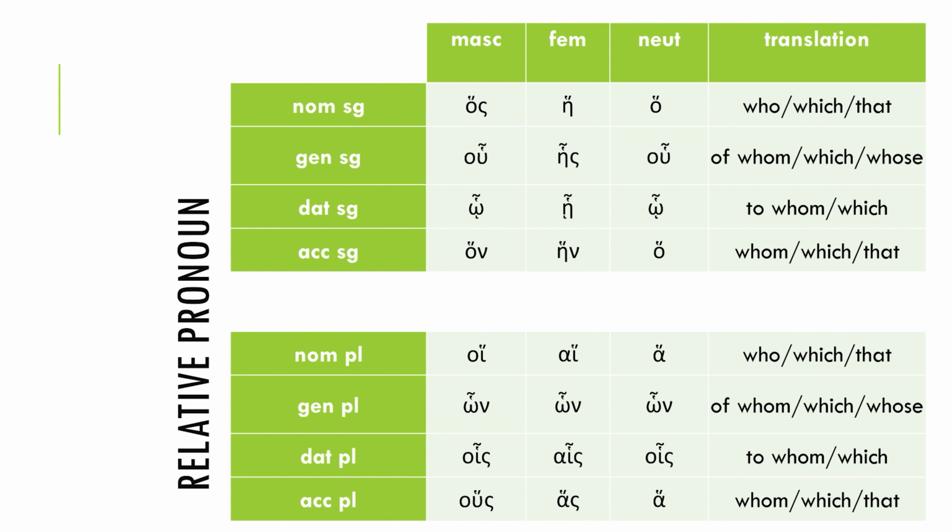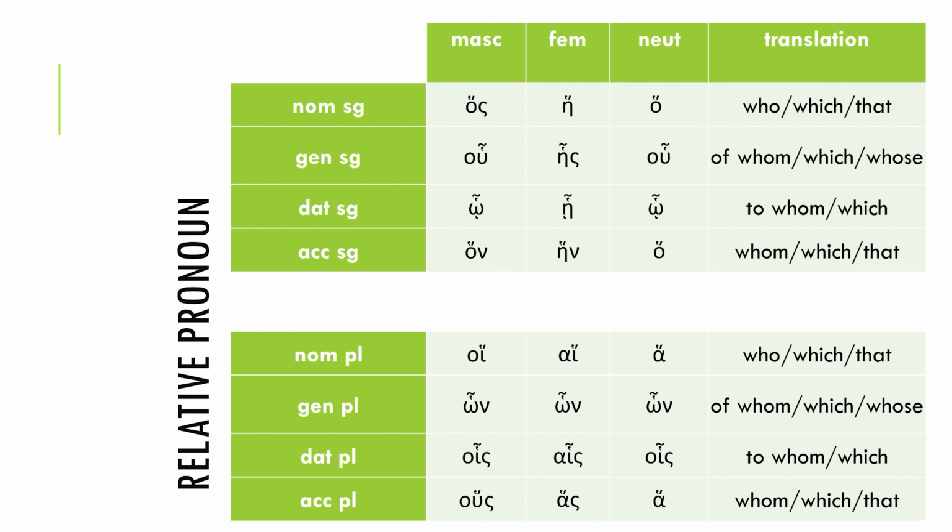And so that could look like an article, but remember, if it has the rough breathing mark, that is, if the breathing mark is opening towards the right, that's not an article, that is a relative pronoun. It's replacing something else. And you can make that relative pronoun introduce an entire clause.